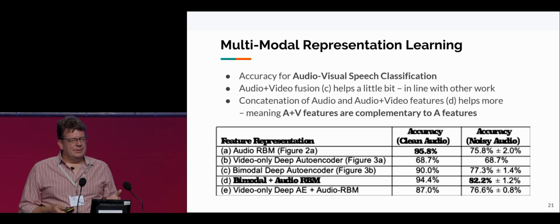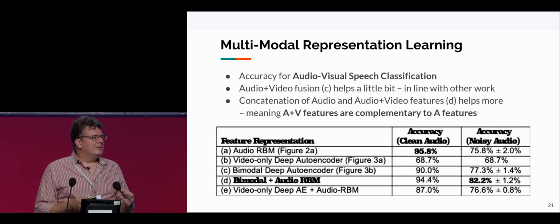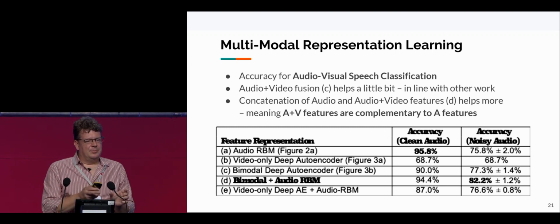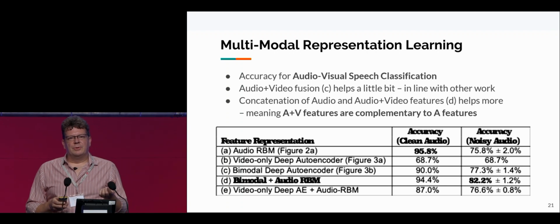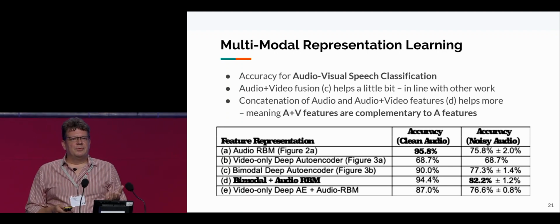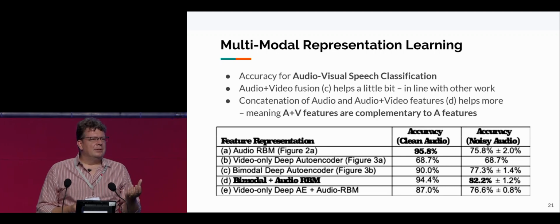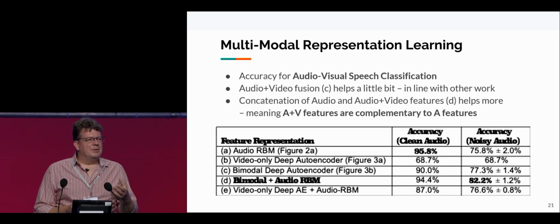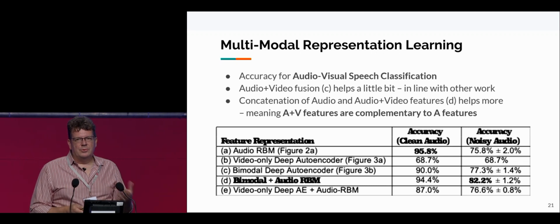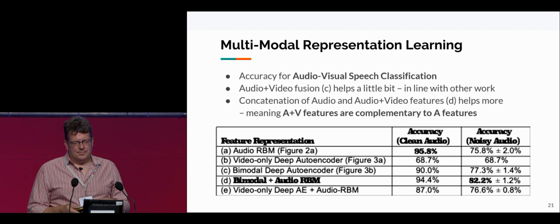So what this shows is that a system that has learned a shared representation from audio and video input provides complementary information to a system that only learned from the audio information. And so this extra information can be used to improve the accuracy for the classification of noisy audio.